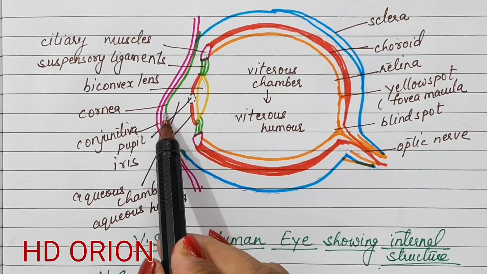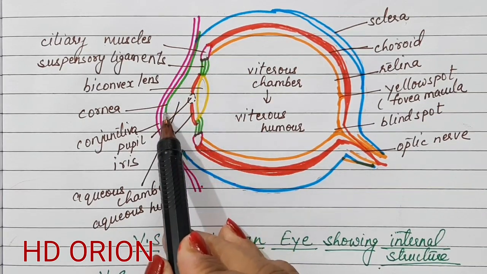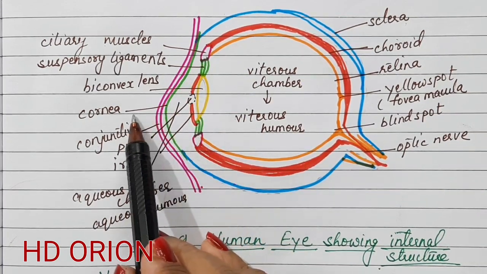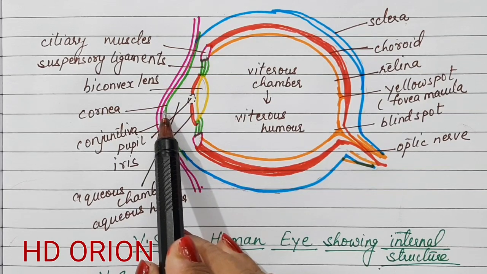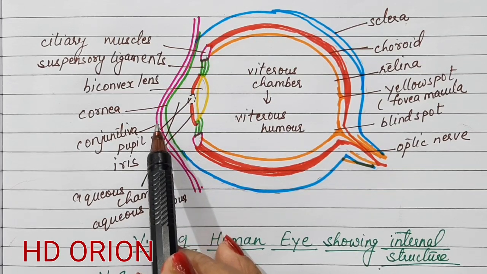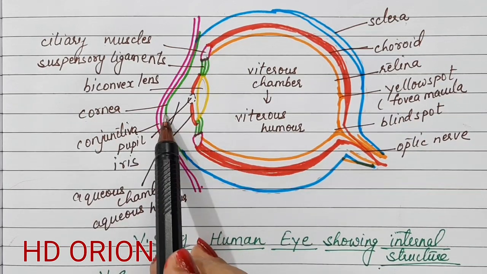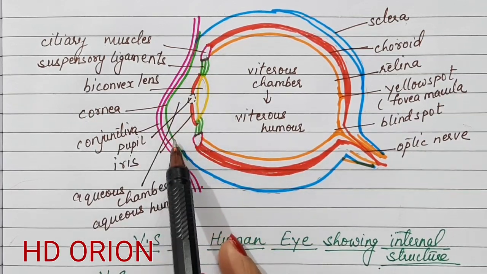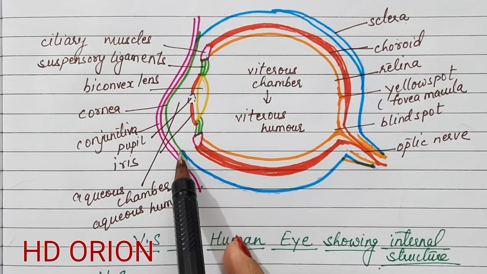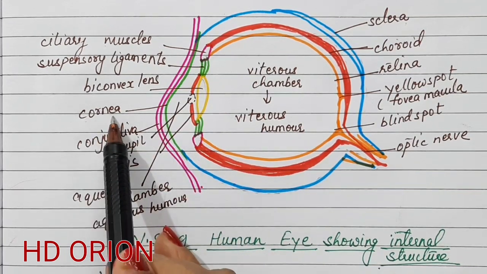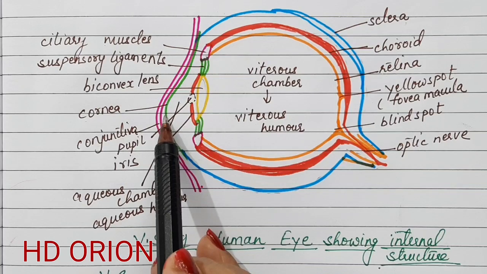This is the cornea, which is the front curved portion of the sclera, which helps in eye transplantation. Usually we think that eye transplantation considers the entire transplantation of the eye, but it is actually the corneal transplantation. It's the cornea which is donated during eye donation. So the cornea is very important.